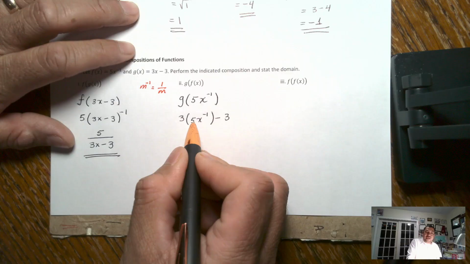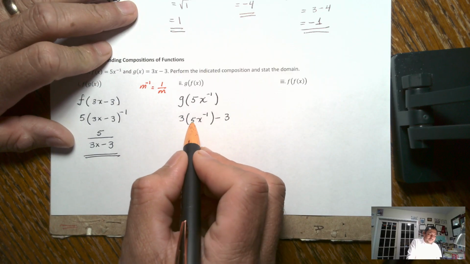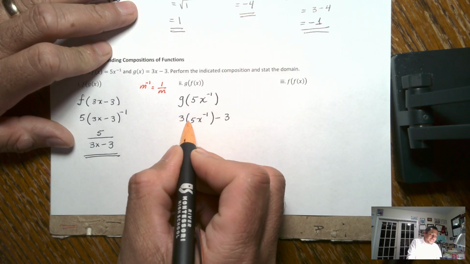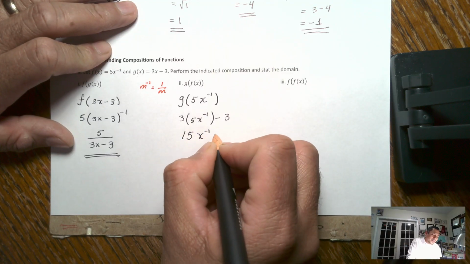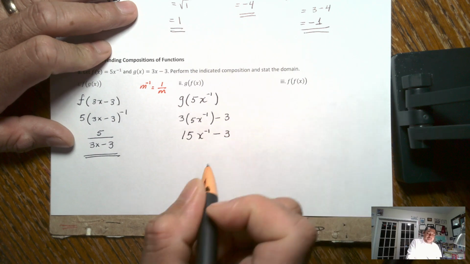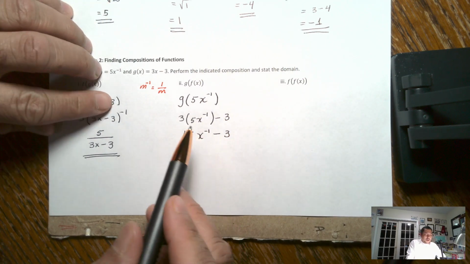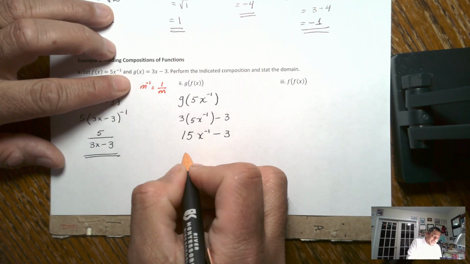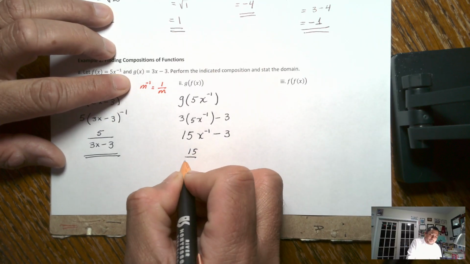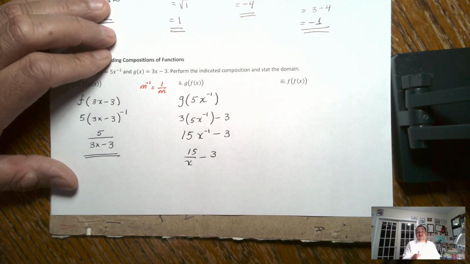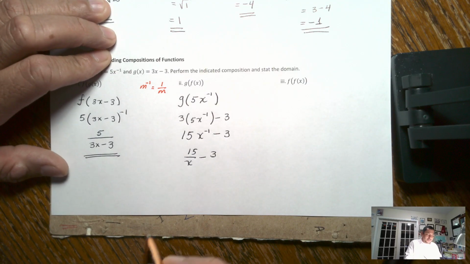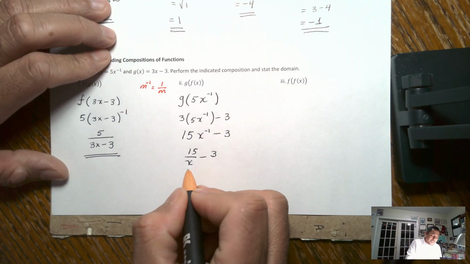Now here we can apply the distributive property because 5 is not to the negative 1. 3 times 5 is 15. x to the negative 1 minus 3. Now x to the negative 1, we apply the property. So we have 15 over x minus 3. When we finish the last problem, we're going to go over the domain of the functions.